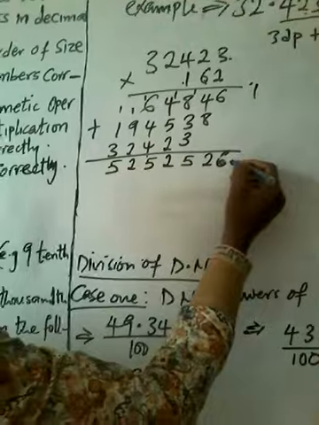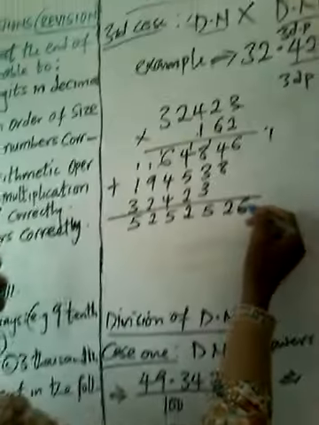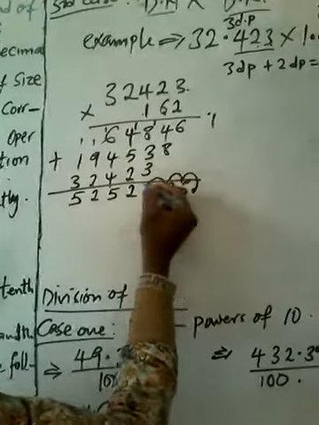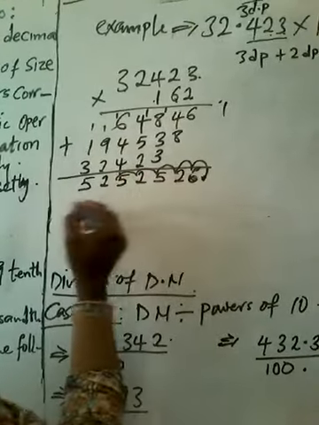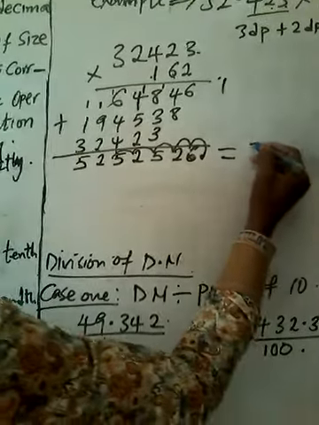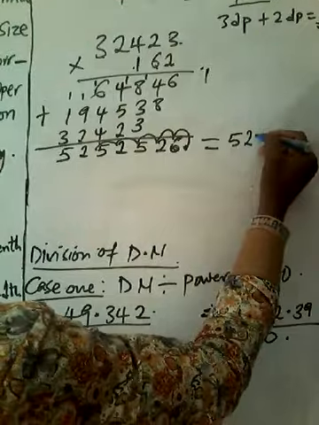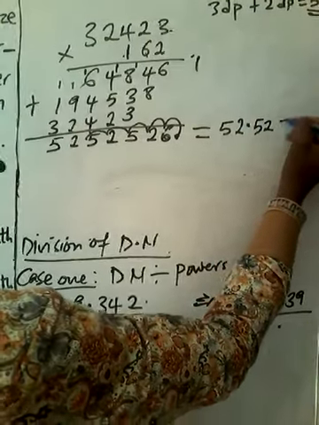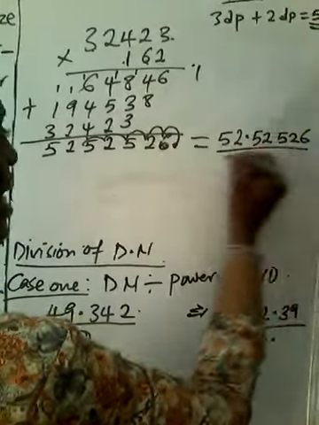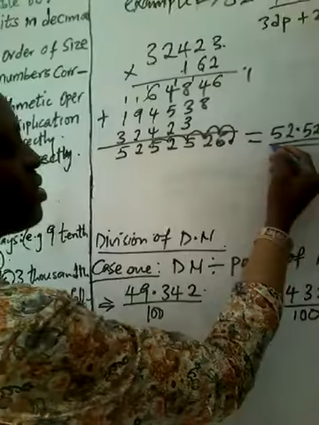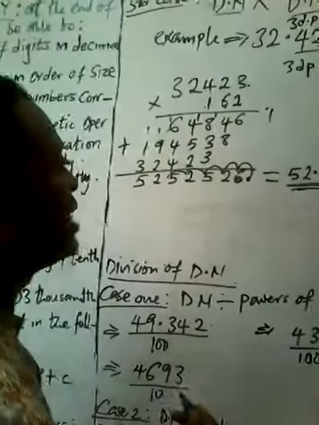And then you move 5 places because you have 5 decimal places. 1, 2, 3, 4, 5. So your final answer will be 52.52526. And that will be your answer there.